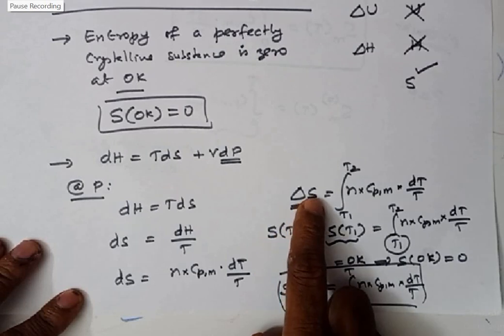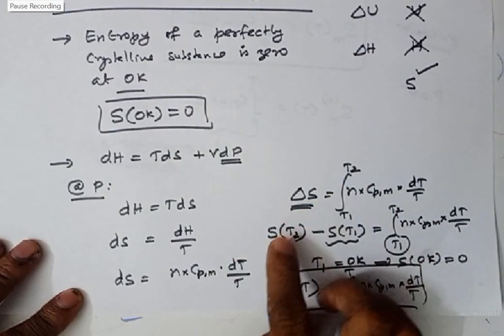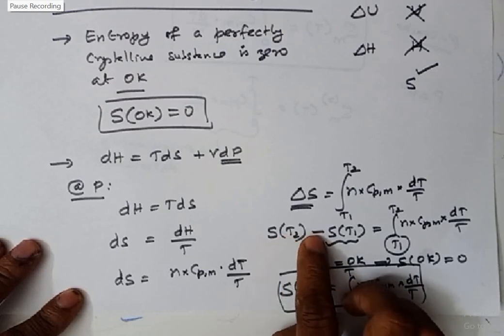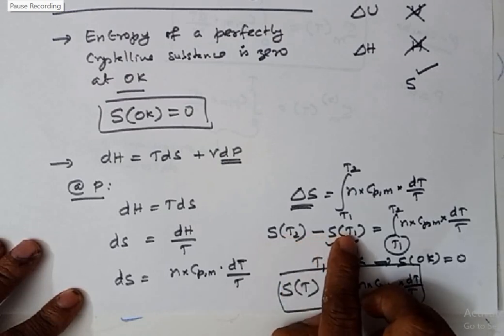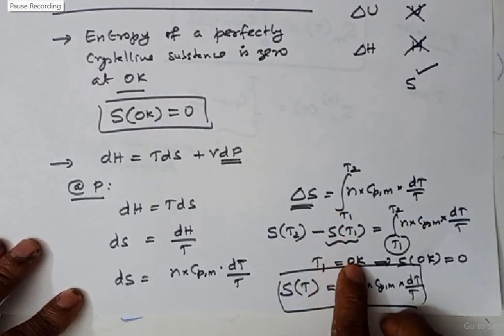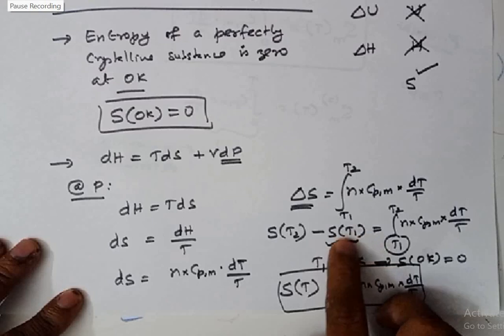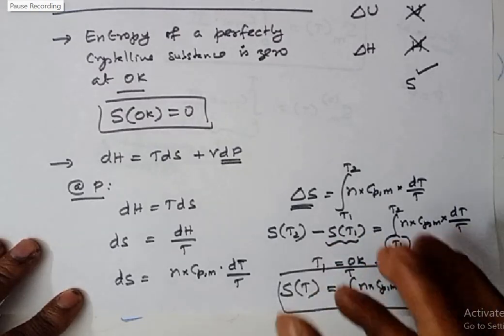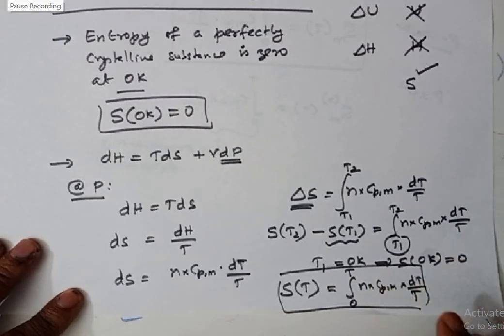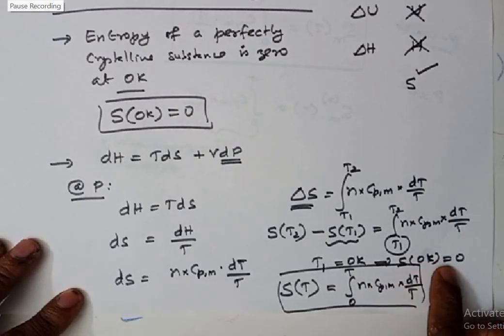Since entropy is a state function, delta S is entropy in the final state T2 minus entropy at the initial temperature T1. Suppose I keep T1 as 0 Kelvin, and at 0 Kelvin substances exist as solid, correct? If the solid is perfectly crystalline, then entropy should be 0.